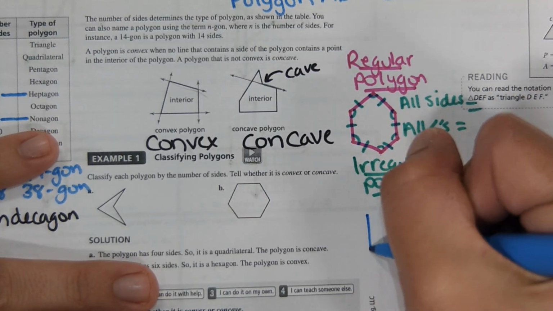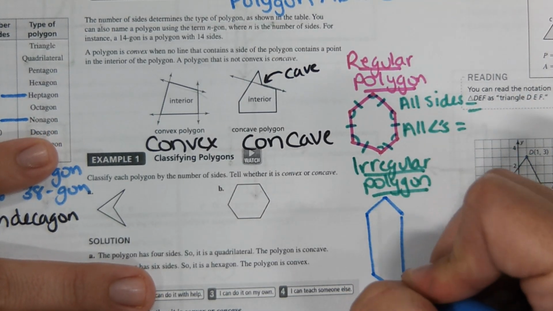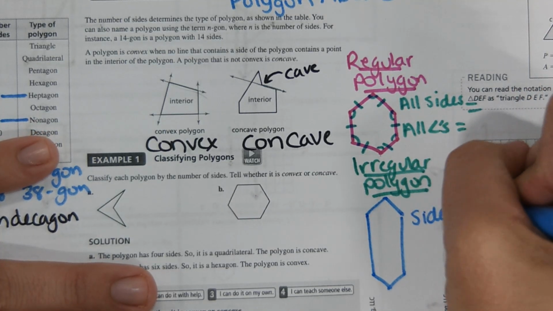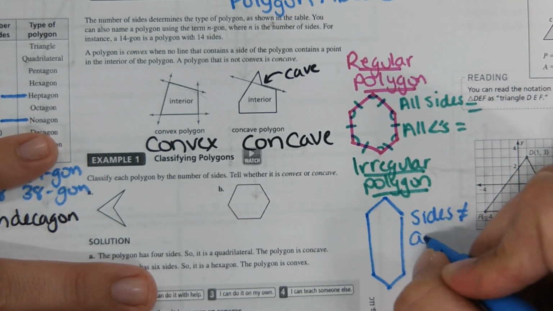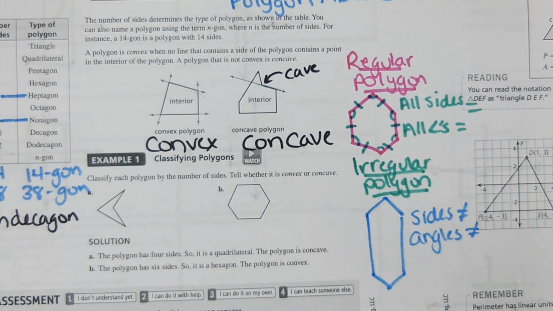So for example, here is also a hexagon. It has 6 sides, but all the sides aren't equal. And then subsequently, the angles aren't equal either. There might be some angles that are the same, but not all the angles are the same.